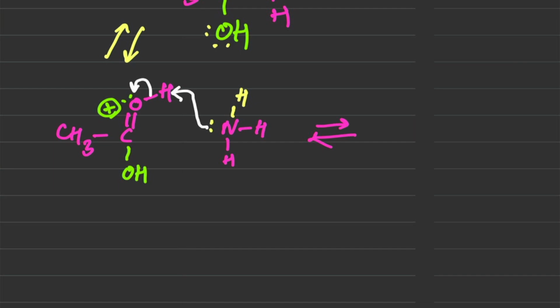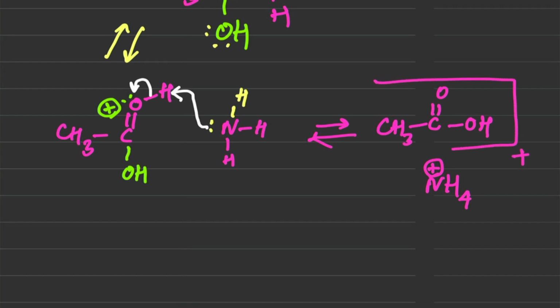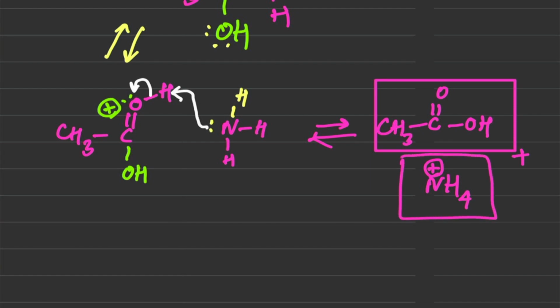So you will make CF3COOH plus NH4 plus. Those are the two products that you will be making. So you're going to make a carboxylic acid and you're going to make NH4 plus.